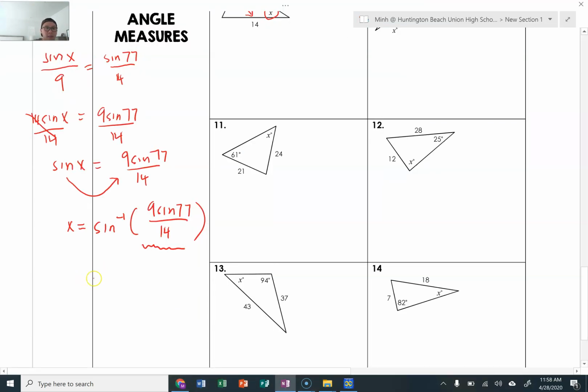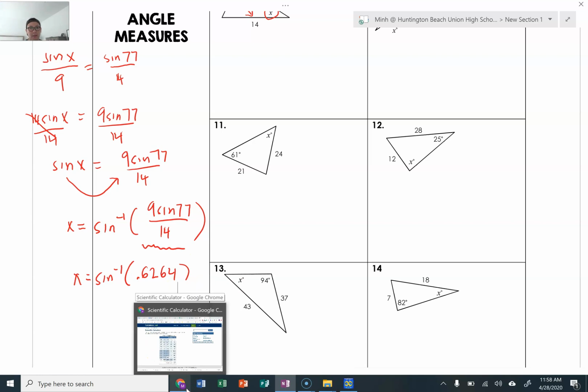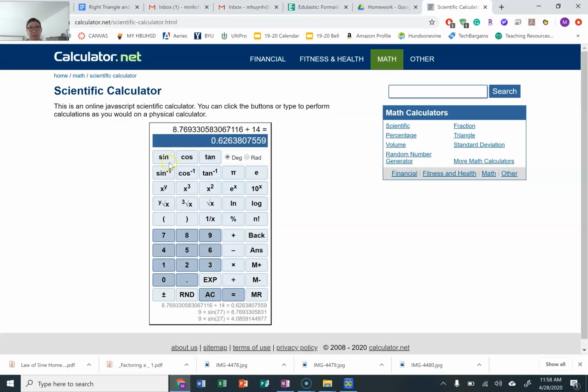So go back over here. That's going to be x is equal to inverse sine of 0.6264. And now this is a little more manageable to put into the calculator. So inverse sine, because remember we moved it to the other side, and it'll be point, don't forget the decimal, 6264.